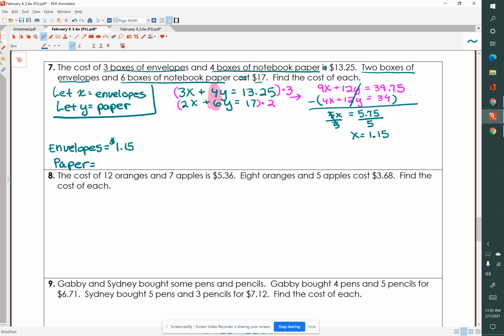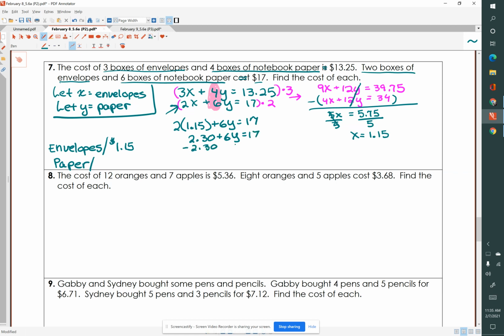Actually, I don't want to put an equal sign there. I'm going to do something a little different. Okay. All right, so let's substitute x into, let's use the second equation. It's a little easier. So 2 times $1.15 plus 6y equals 17. 2 times $1.15 is $2.30 plus 6y equals 17.